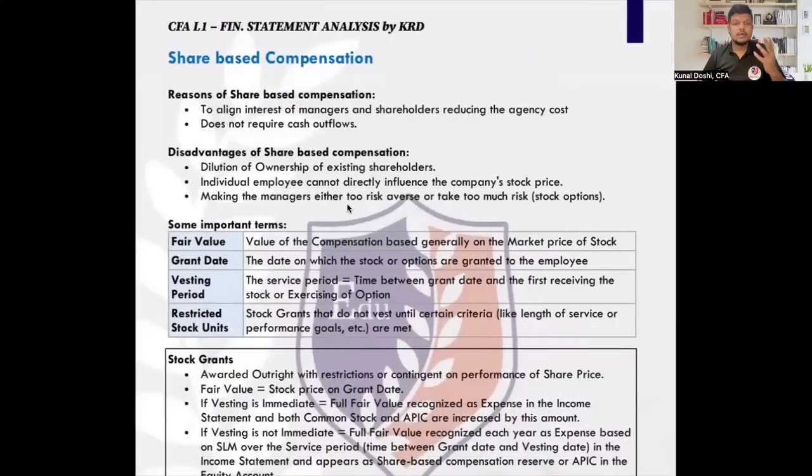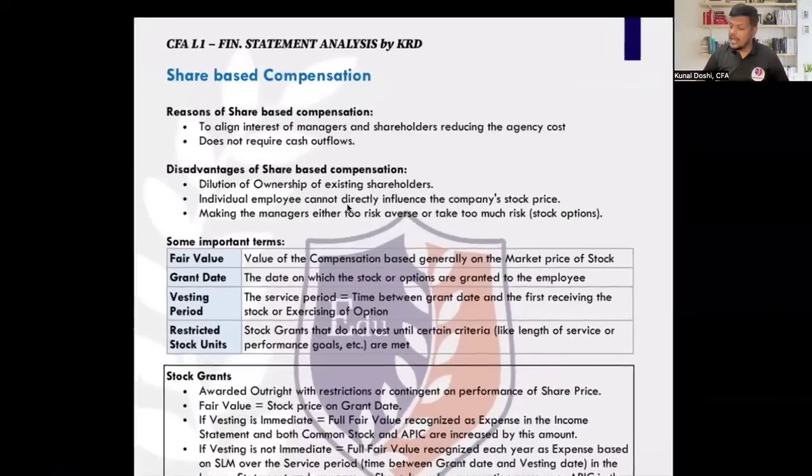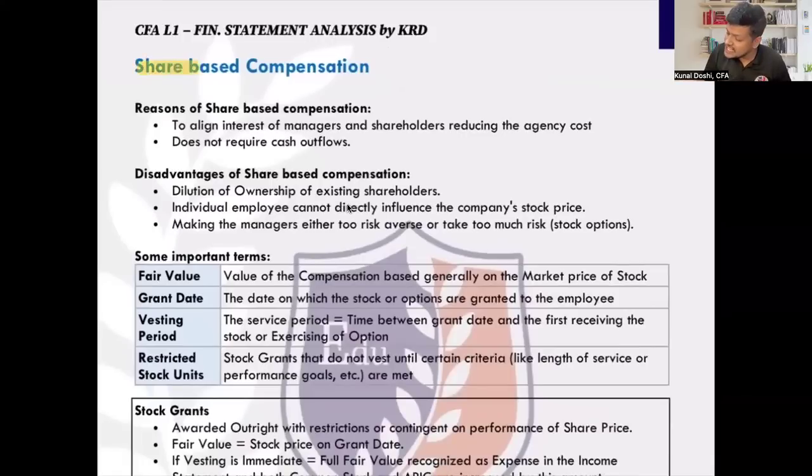Now, the last section of this is share-based compensation. Employers reward their employees with salary and bonus, but sometimes they also give incentives in the form of shares. This is done to align the interests of the managers and the shareholders, and reduces the agency cost.